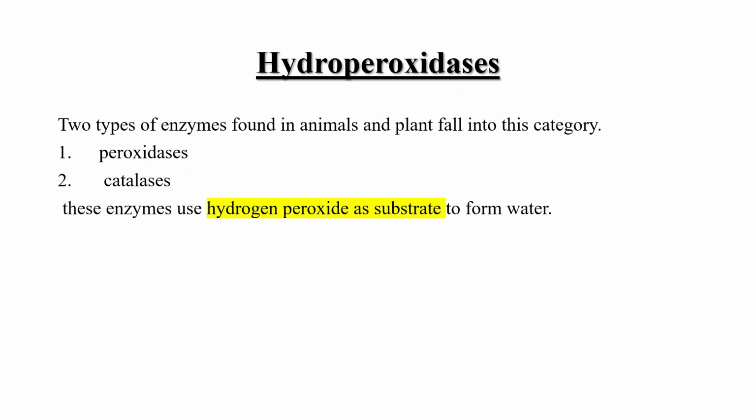Two types of enzymes are present in this group. These are found in animals and plants, and these enzymes use hydrogen peroxide, H2O2, as a substrate to form water. Peroxidases and catalases are the examples.